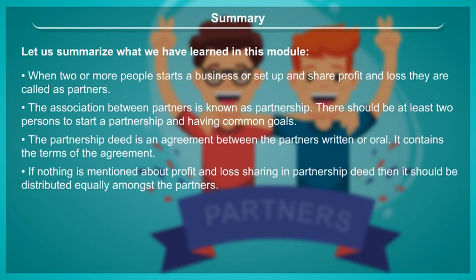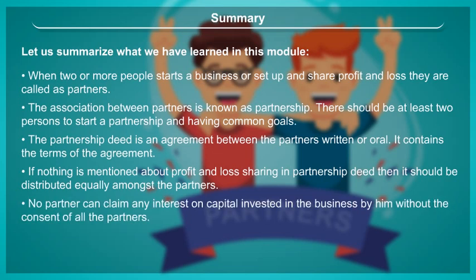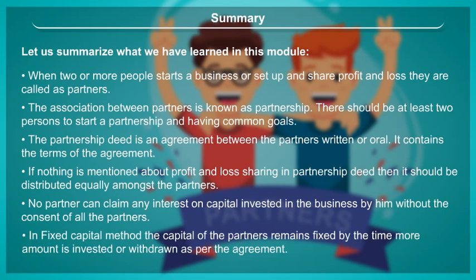If nothing is mentioned about profit and loss sharing in the partnership deed, then it should be distributed equally amongst the partners. No partner can claim any interest on capital invested in the business by him without the consent of all the partners. In the fixed capital method, the capital of the partners remains fixed, except when more amount is invested or withdrawn as per the agreement.